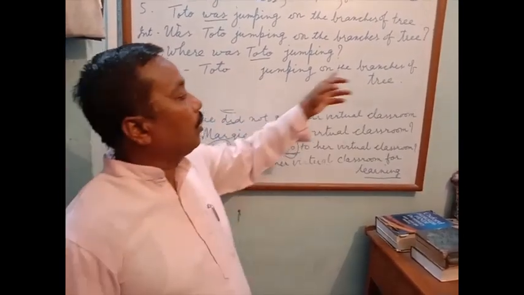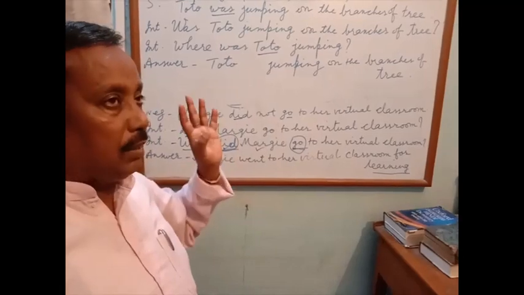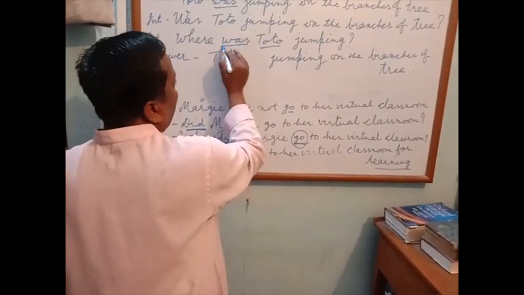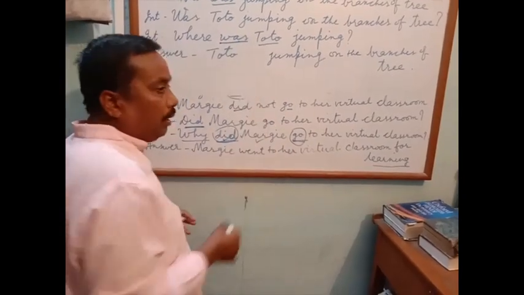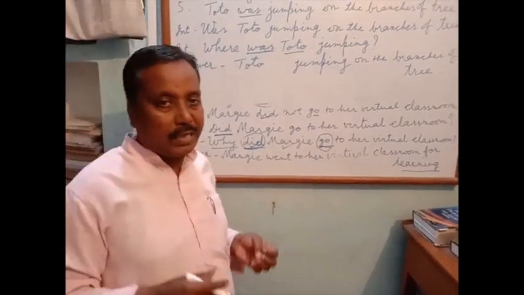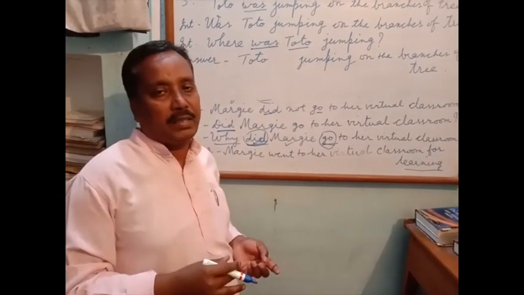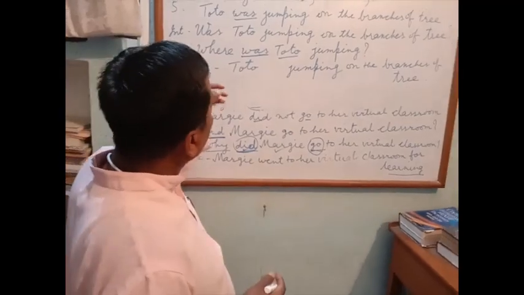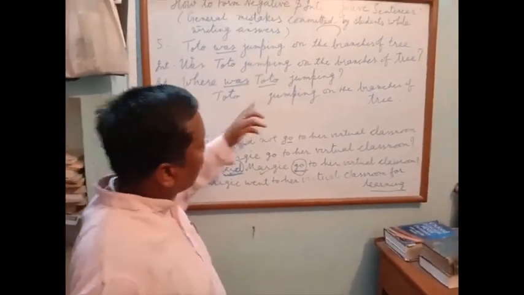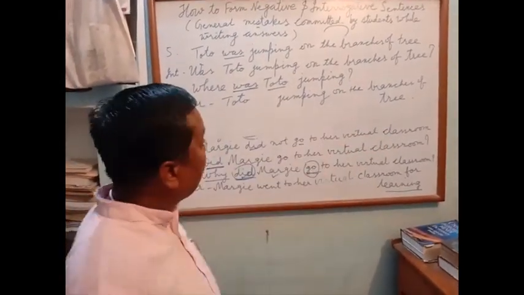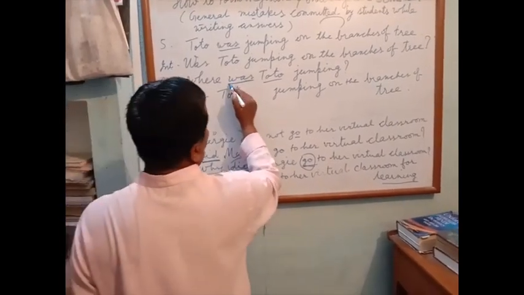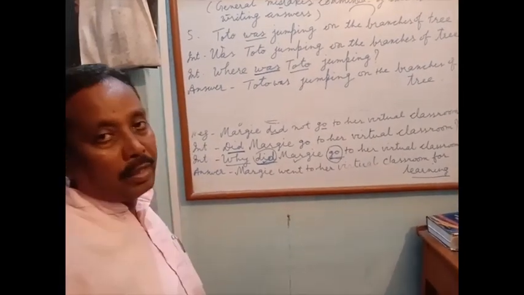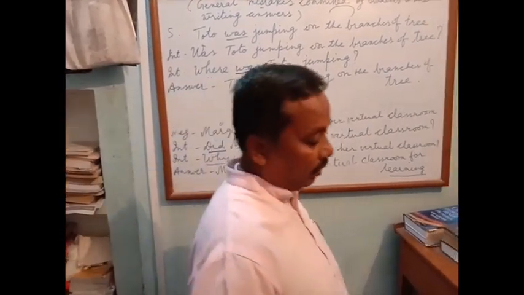Toto jumping on the branches of tree. Very satisfied, very happy. But he misses the helping verb. Generally, we teachers have seen this type of mistake in sentences while they answer their questions. Simply they write Toto jumping on the branches of tree. What is missing here? The helping verb. Toto was jumping on the branches of tree.